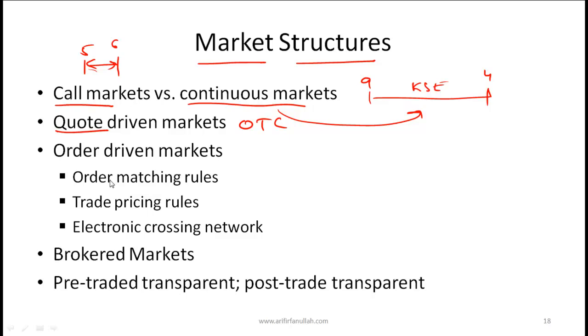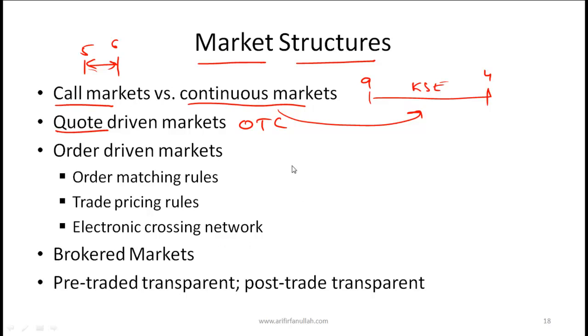In an order-driven market, orders are executed using trading rules. So here we don't have dealers. We essentially have brokers, either who are in-person brokers, or you can have electronic crossing networks that act like virtual brokers.